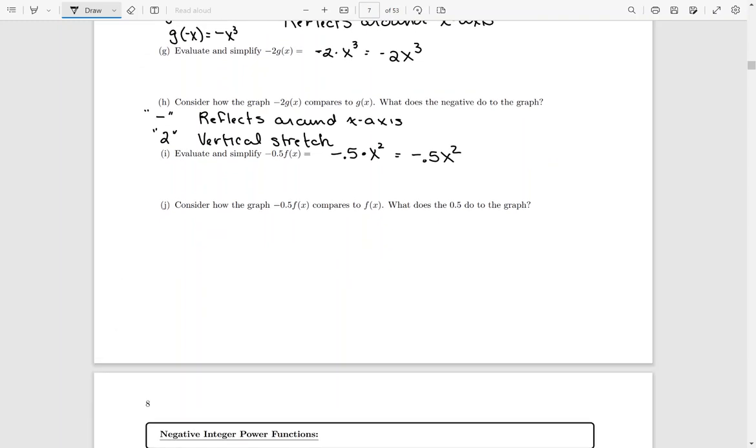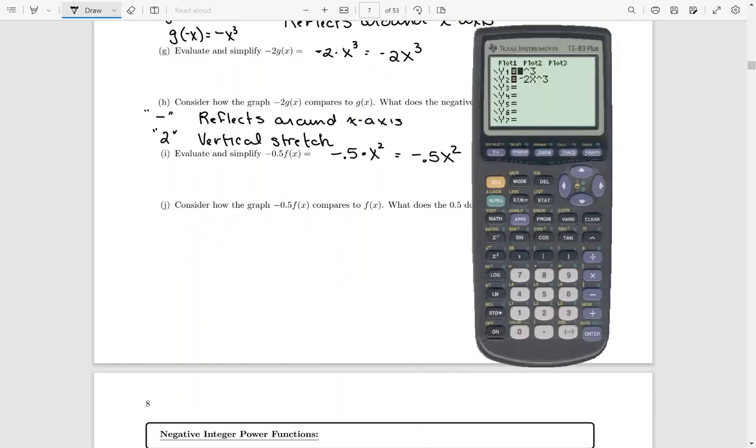Right. So they want me to compare those two graphs, x squared and, let's change that power out, x squared and negative 0.5 x squared. All right, so the first one going in is going to be the x squared. The negative flipped it, and can you see how it's a little, I don't want to say fatter, but it's a little wider, right?